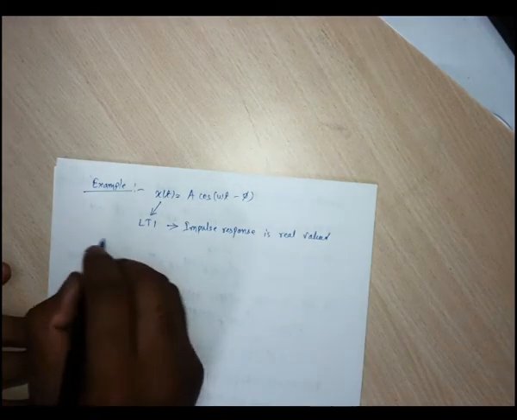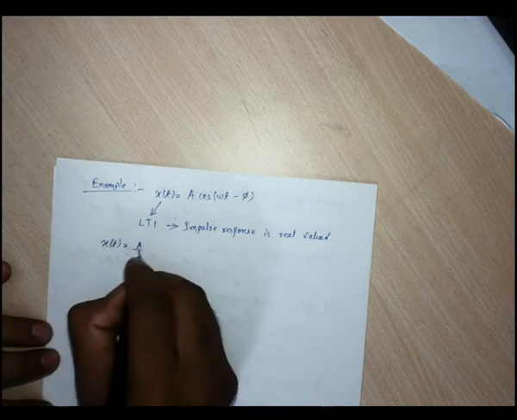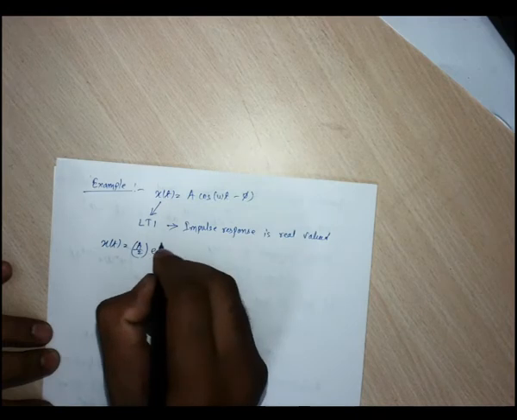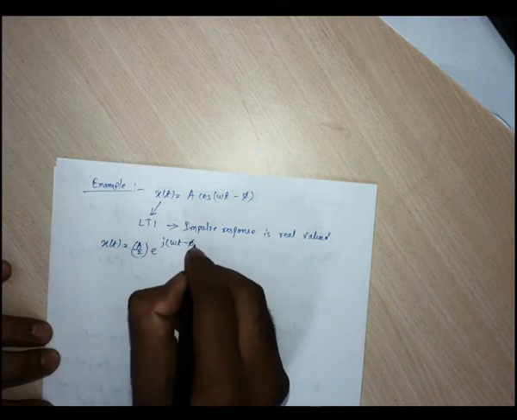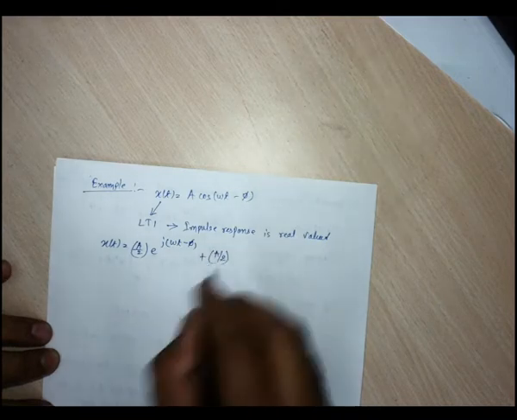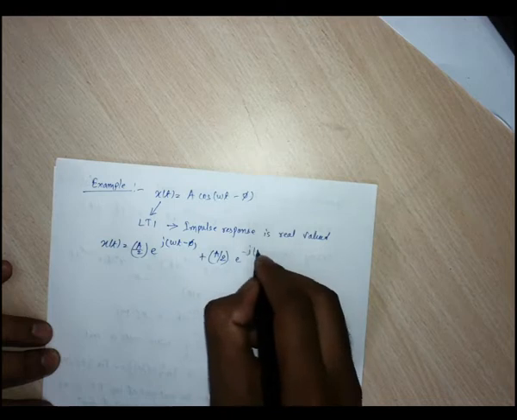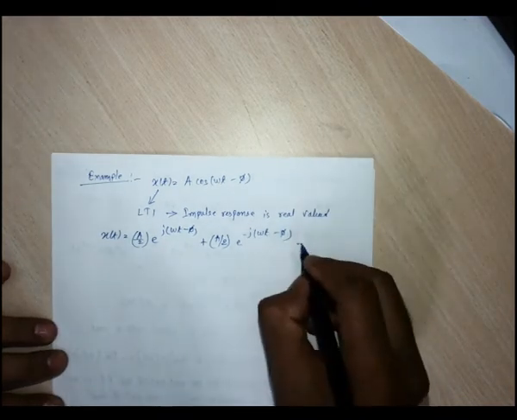So x(t) can be written as A/2 e^{j(ωt−φ)} plus A/2 e^{−j(ωt−φ)}, using Euler's formula.